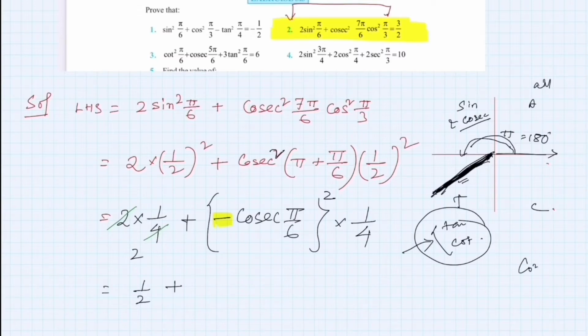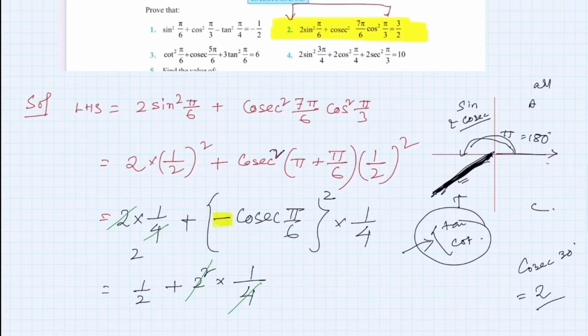Cosec pi by 6 means cosec 30 degrees, and cosec 30 degrees is 2, and 2 square must be 4. Instead of writing 2 square you can write 4, or just keep it 2 square. So 1 by 4, and 2 square is 4, so that will be cancelled with this.